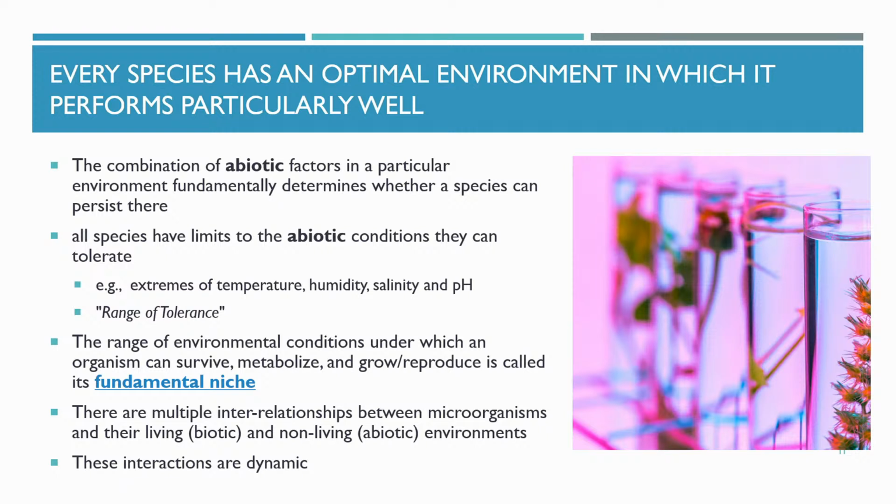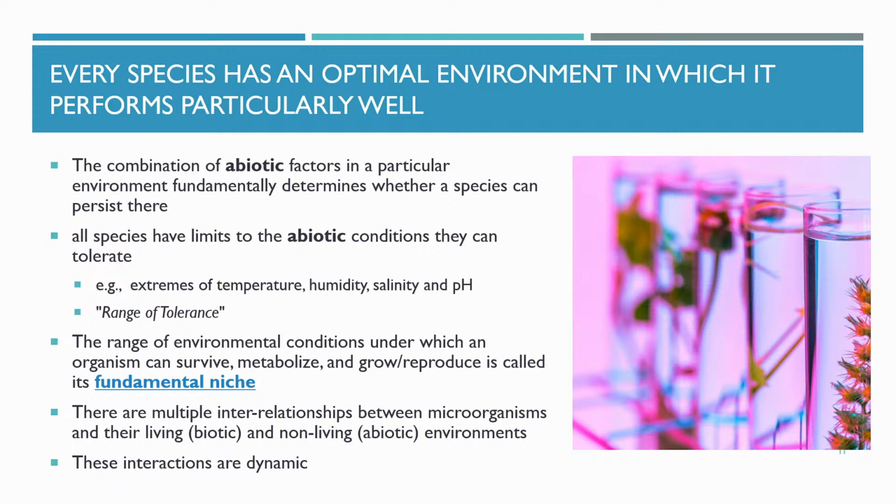And so every species has an optimal environment in which it performs particularly well. So the combination of abiotic factors in that environment, in that ecosystem, fundamentally determines whether a species can persist there.